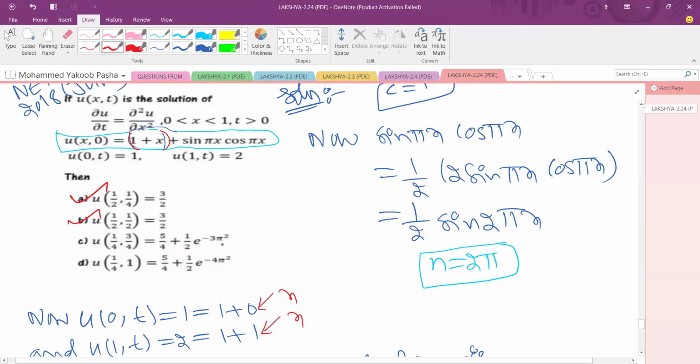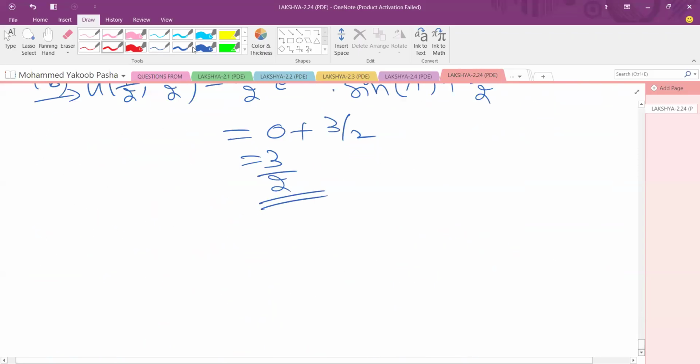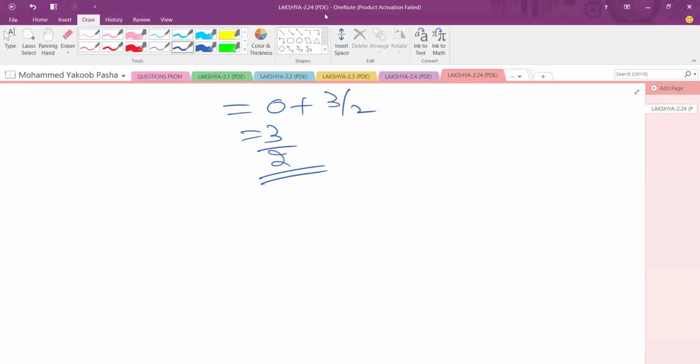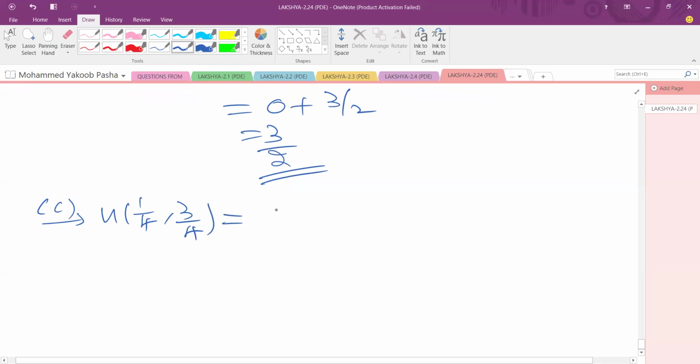Now see option C, that is u of 1/4 comma 3/4 is equal to 5/4 plus 1/2 e power minus 3 pi square. I am calculating the value of u of 1/4 comma 3/4. 1/2 into e to the power of minus 4 pi square, 4 will be cancelled, into 3/4, so 4 will be cancelled, 3 pi square, into sin of 1/4, that is pi/2, sin pi/2 plus 1 plus 1/4.